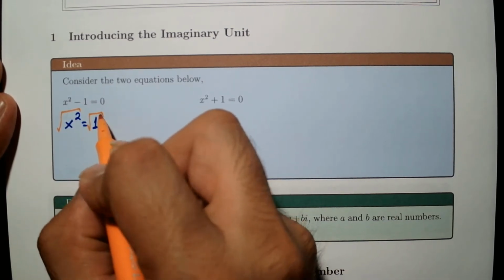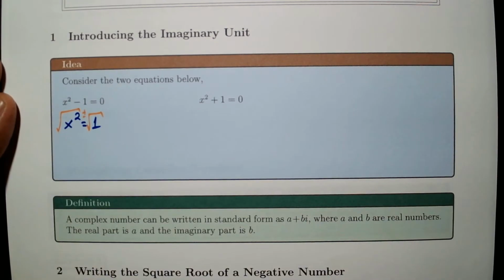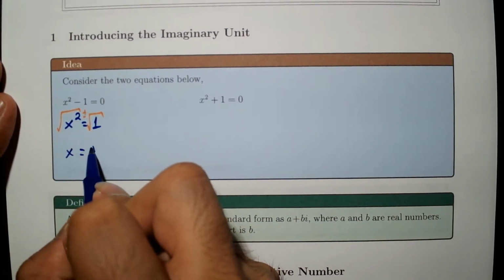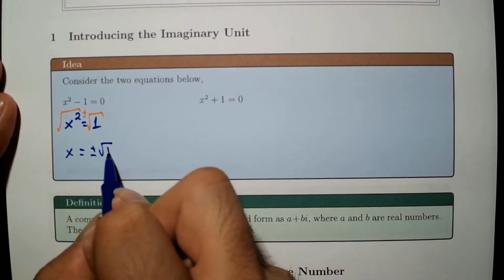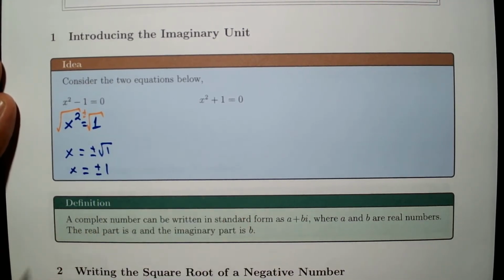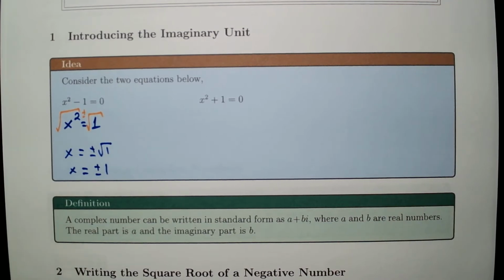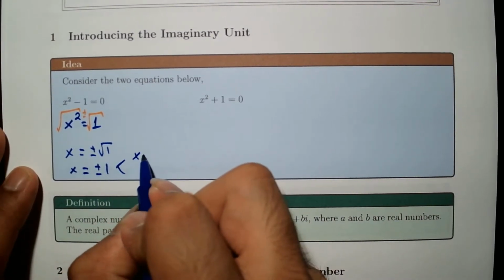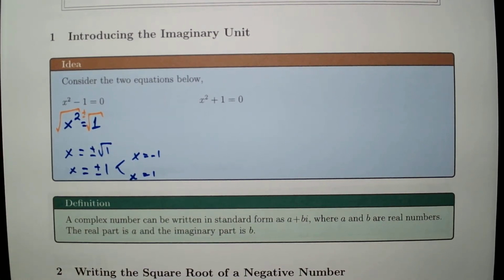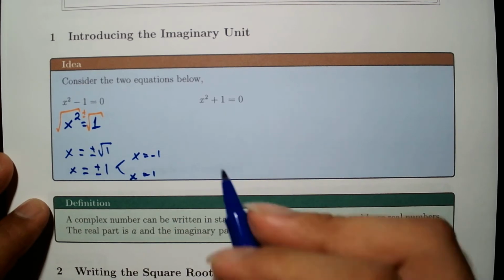Take the square root of both sides, don't forget the plus minus, and we get x equals plus or minus the square root of 1, which is plus or minus 1. So those are the solutions, x equals -1 and x equals 1.